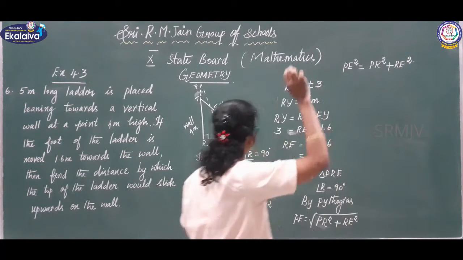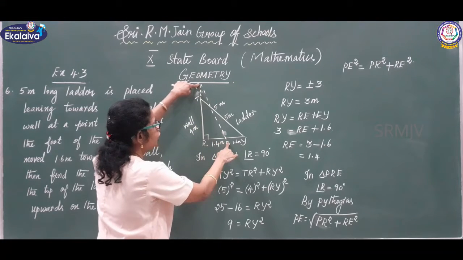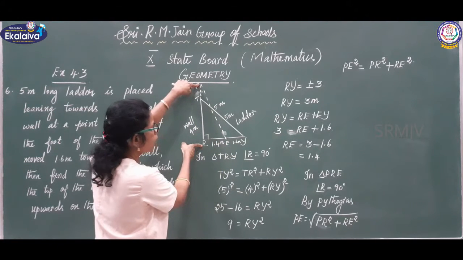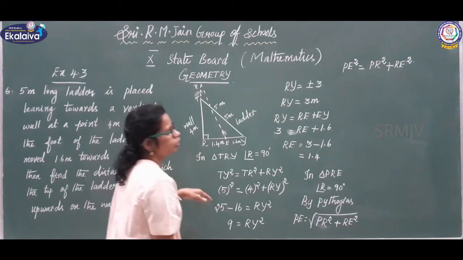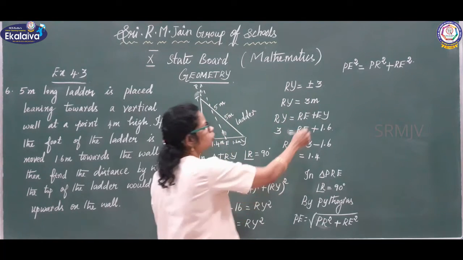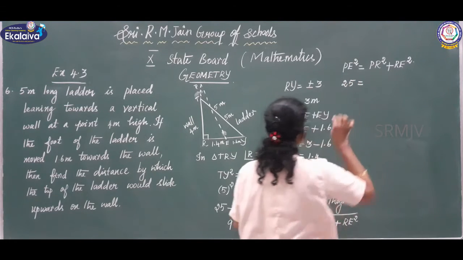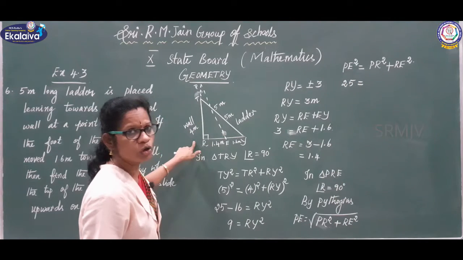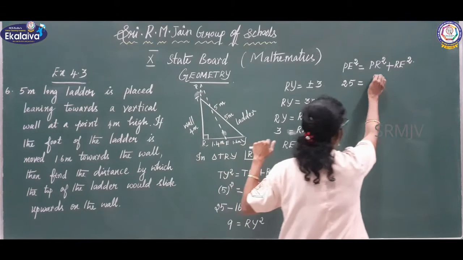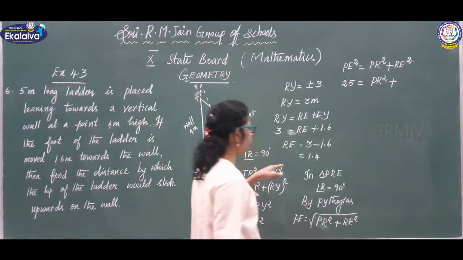Got it? See here, it is a right triangle PRE. PE square equals PR square plus RE square. We know the value of PE, that is 5. So, 25 equals PR square plus RE square, and PR we don't know, right? What is the value of RE we got?